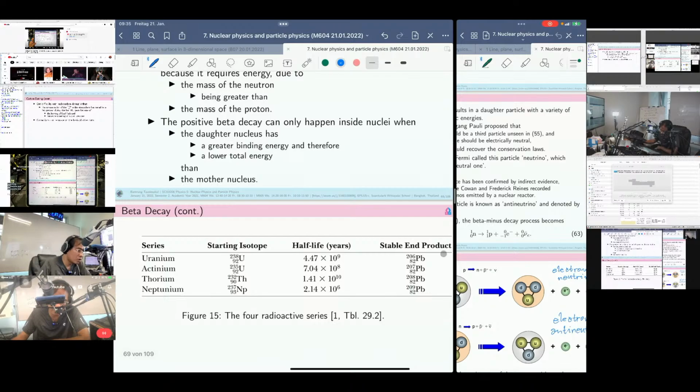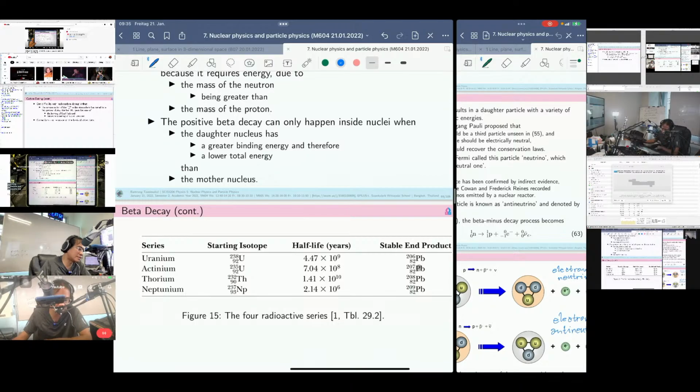This element has 82 protons, and it stays in different versions, different isotopes: lead-206, 207, 208, 209. That's the ending point. And we use lead every day in our lives nowadays. You cannot see uranium easily, right? But anyway, it's going to stop as lead, and humans use lead for other purposes.